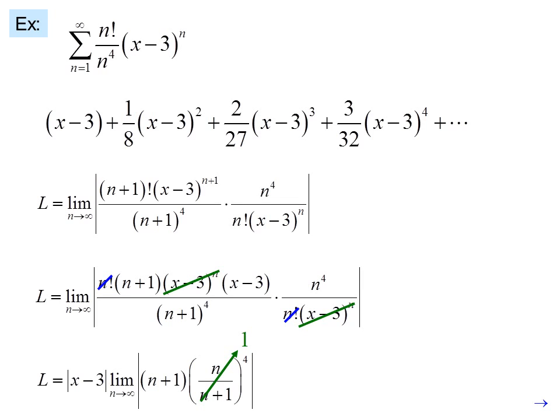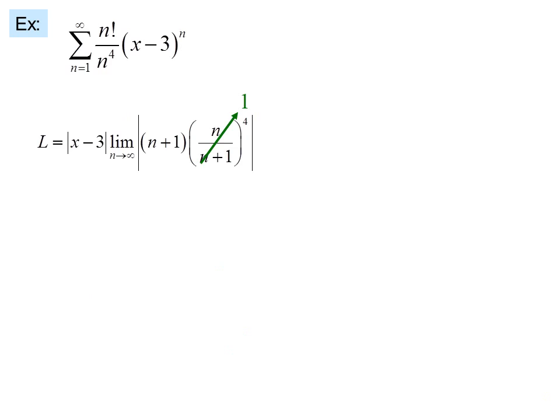As n approaches infinity, the 1 in the denominator becomes insignificant, and n over n plus 1 approaches 1. But we still have an n plus 1 in the absolute value signs. So L equals infinity for all x not equal to 3, because as n approaches infinity, the limit approaches infinity.